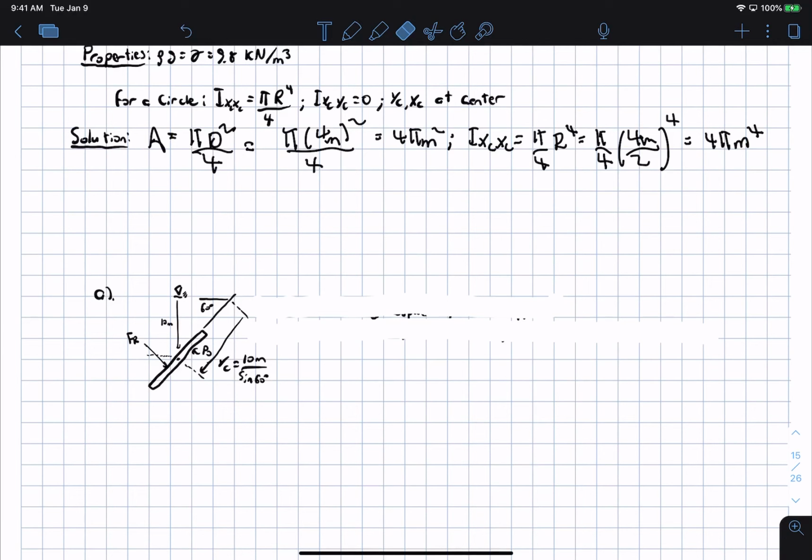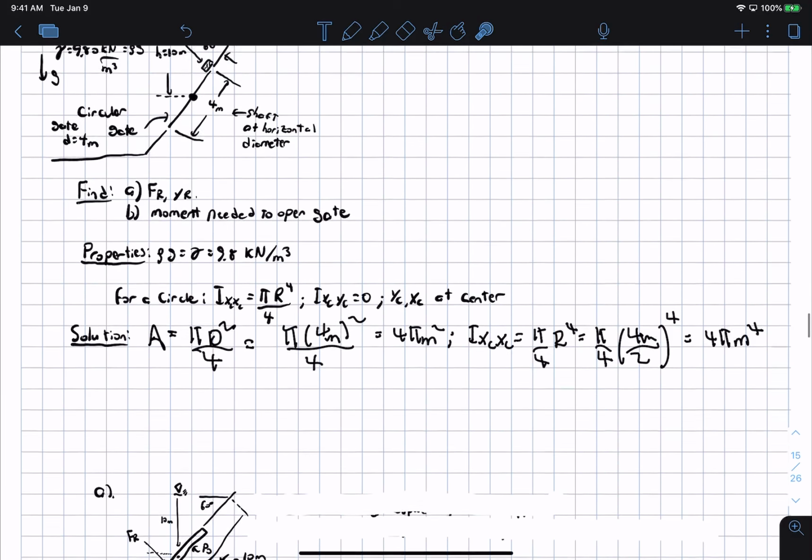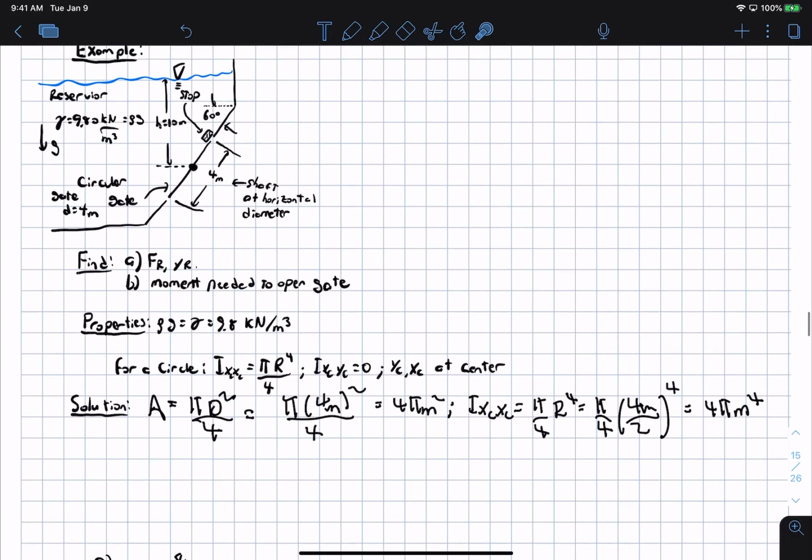So our free body diagram on the gate would look something like this. We have a resultant force from the pressure pushing on it. And also we have this gate, it's on the side of a tank. So we have air on the outside of the tank.